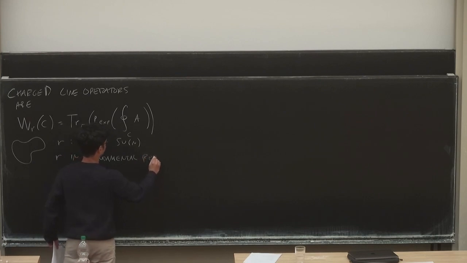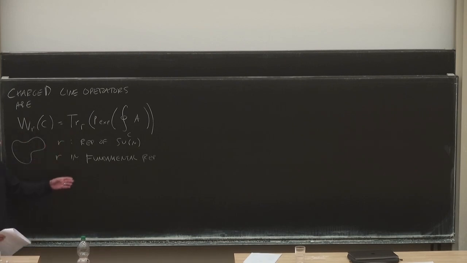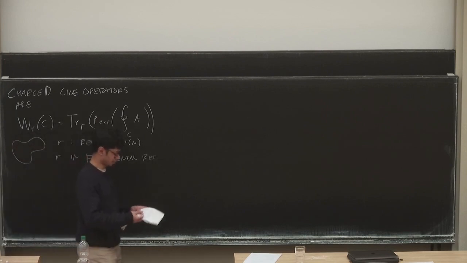The physics of the Wilson line is different for every R, and what I'm saying will be different for every R. The simplest one to think about is the fundamental rep. As you'll see, it will not work for other reps. It will not work for the adjoint rep, for example. It will work for the fundamental one.